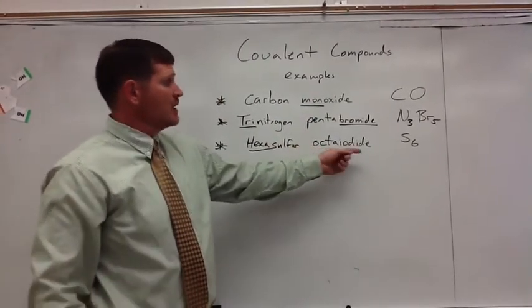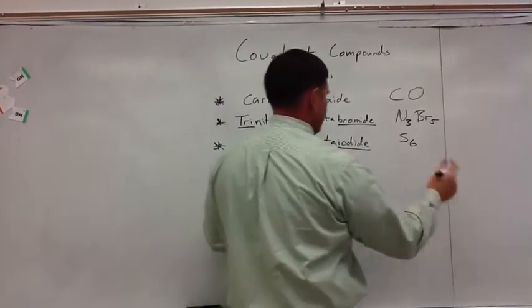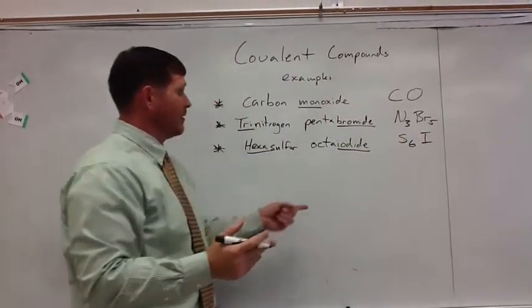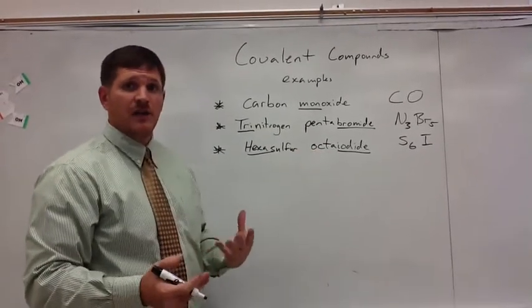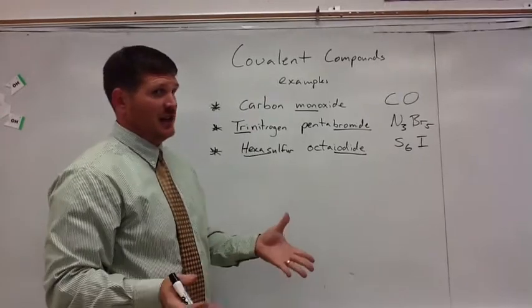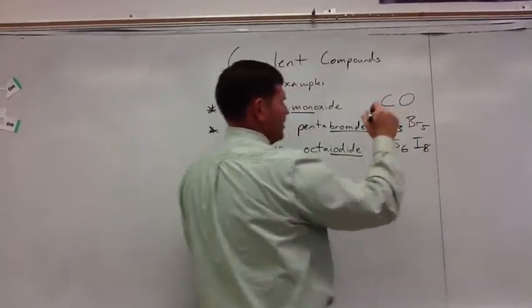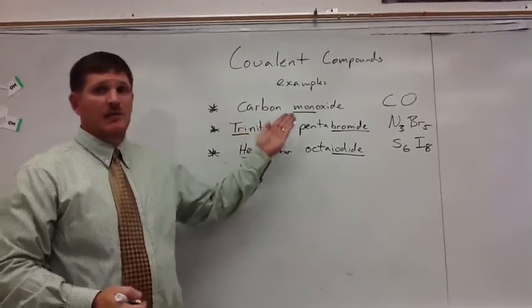Okay, octaiodide. Iodide is my element. So I've got iodine. How many do I have? Well, I've got octa. Octagon, 8 sides, octopus, 8 legs. I'll fix that 8 a little bit. And those are our examples for going from name into formula.